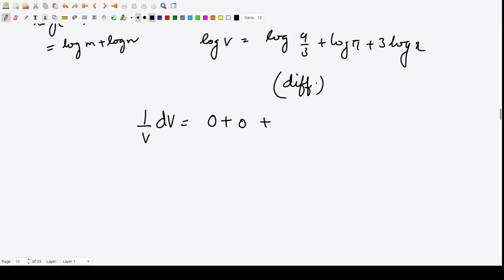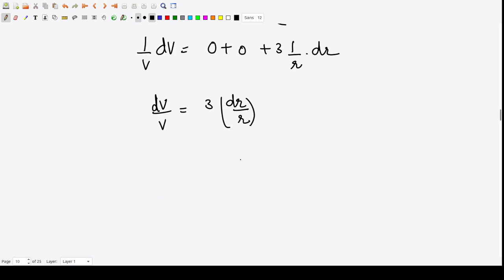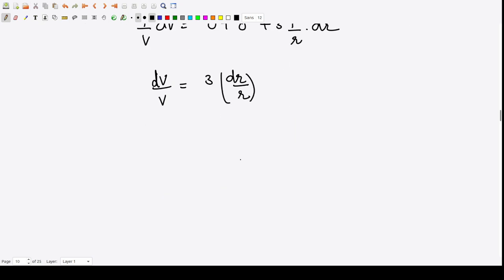And then the derivative of log r would be 1 by r into dr. So that means you have dV by V equal to 3 times dr by r. So that means whatever is the relative error in the radius of the sphere, the error in the volume is obtained 3 times.